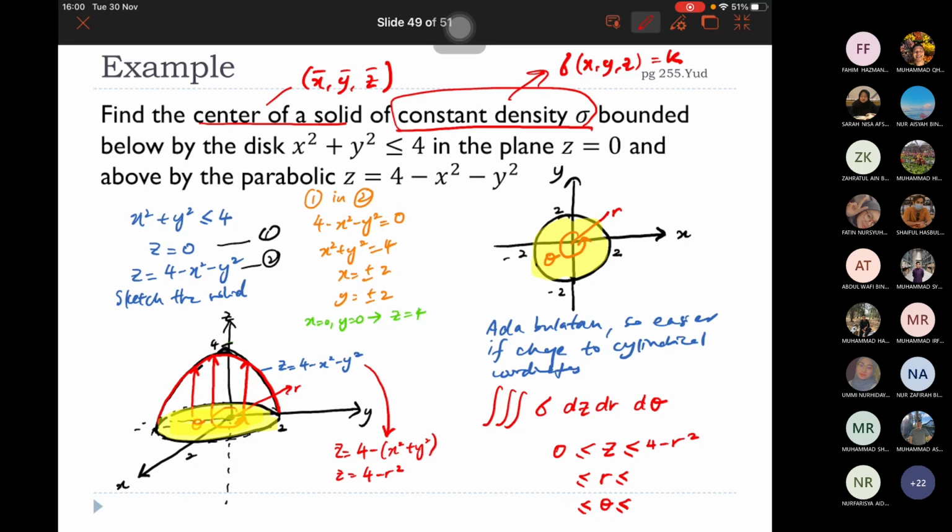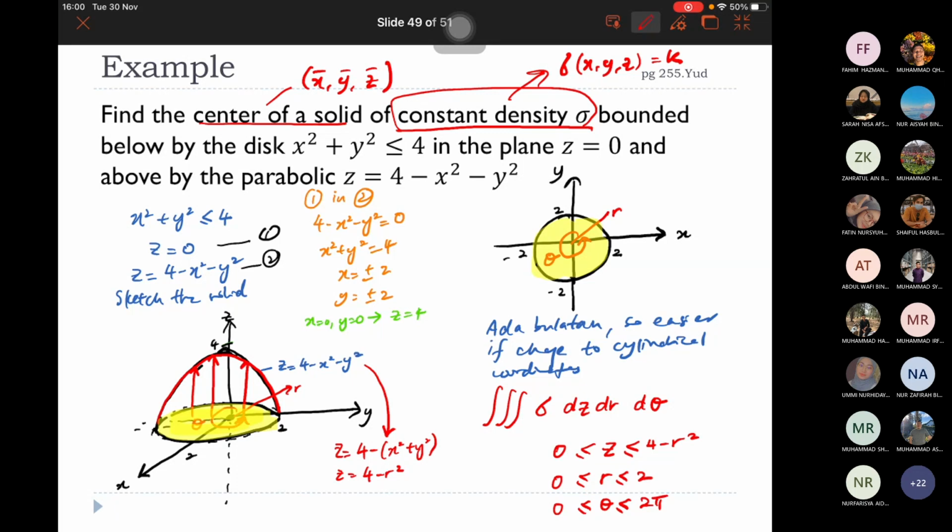Okay, boundary R: zero to 2. Betul. And theta, 0 to 2 pi. So betul. So itu dia punya integration boundary.